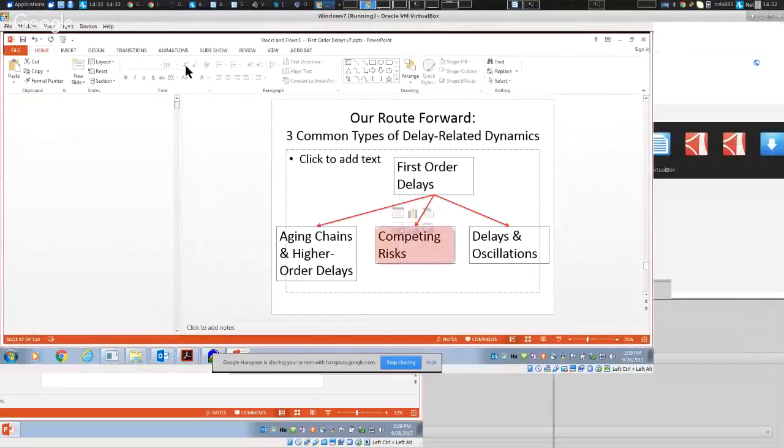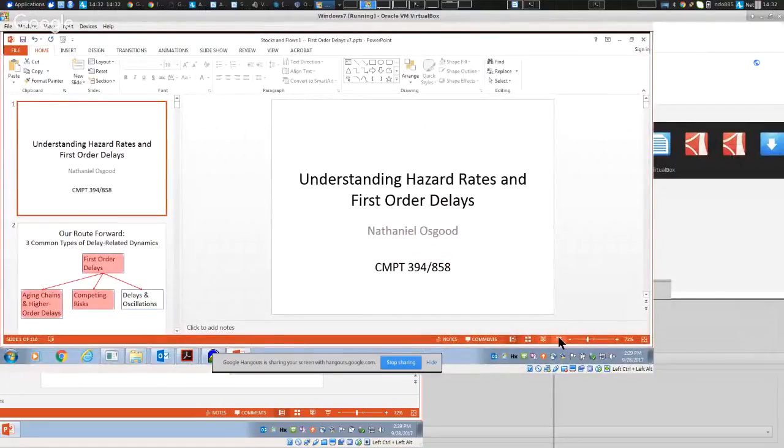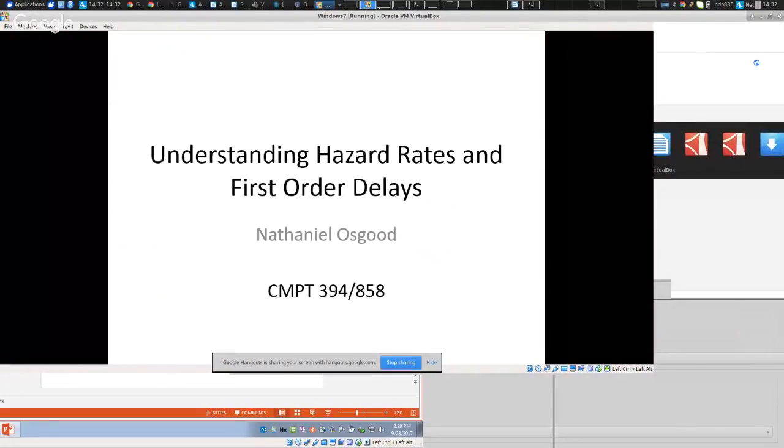So, ladies and gentlemen, today we're going to be continuing on a bit more coverage of this key building block of system dynamics models that's known as a first-order delay. I've mentioned before that system dynamics models are composed out of three major pieces and some supporting pieces: stocks, flows into and out of said stocks, and finally constants.